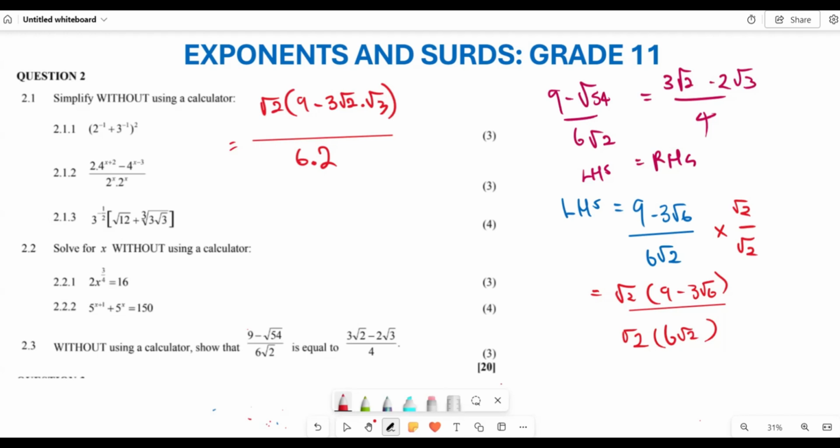When I distribute here, this is the same as 9 root 2, subtract now. What is going to be this one in here? This is going to be the same as 3. Remember, why am I saying that? This is the same as root, and root is going to give me my 2, if I'm not mistaken, right?